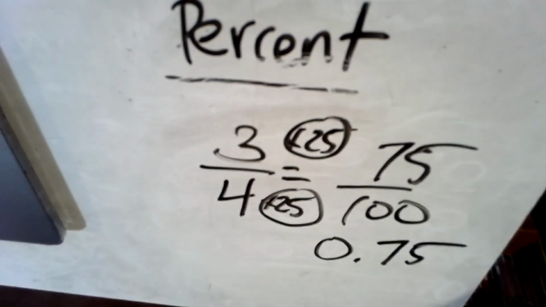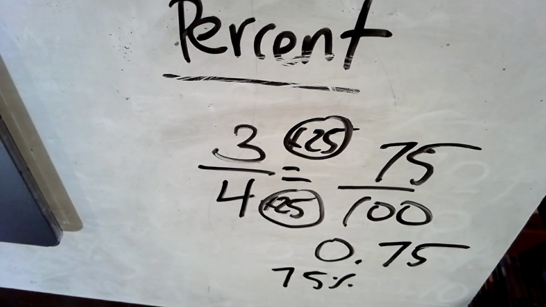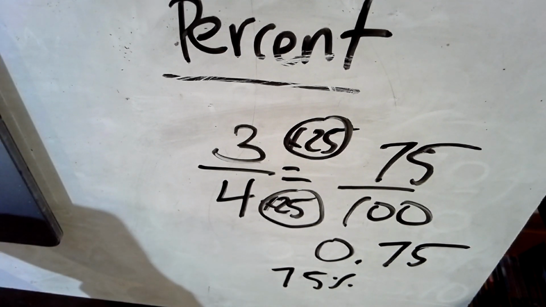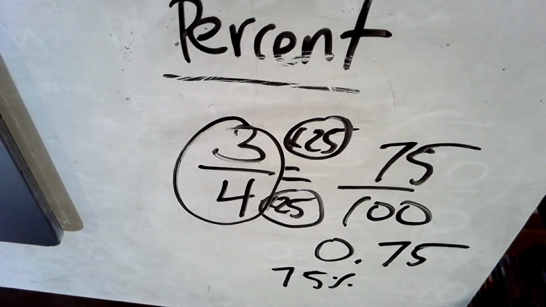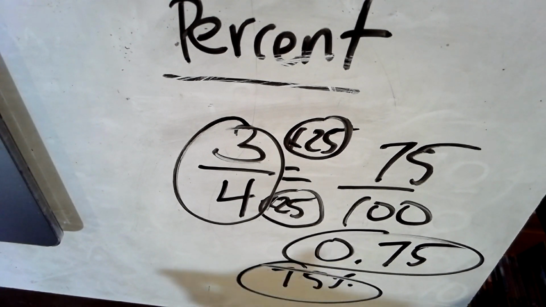That's the same as 75 hundredths as a decimal. And if a basketball player takes 4 shots and makes 3 of them, 3 out of 4 is 75% of the shots. 3/4 is the fraction. 75 hundredths is the decimal. 75% is the percent. But they're all equivalent to 3 out of 4.